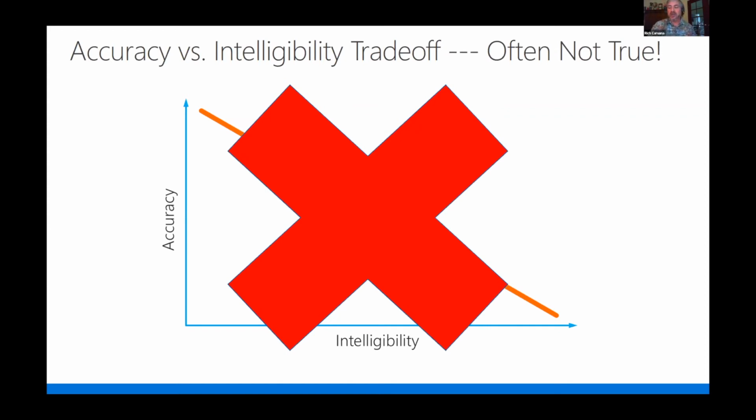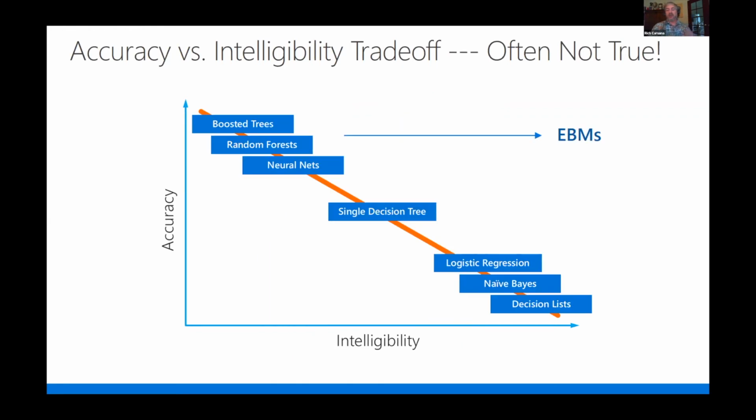In fact, these EBMs that I'm going to tell you about, on typical data sets, they're just as accurate as boosted trees, random forests, and neural nets. Again, these are tabular data sets, and yet they're even more interpretable than things like logistic regression and naive Bayes. So that's great to have a new class of algorithms that are starting to have all the accuracy and intelligibility that you would want.